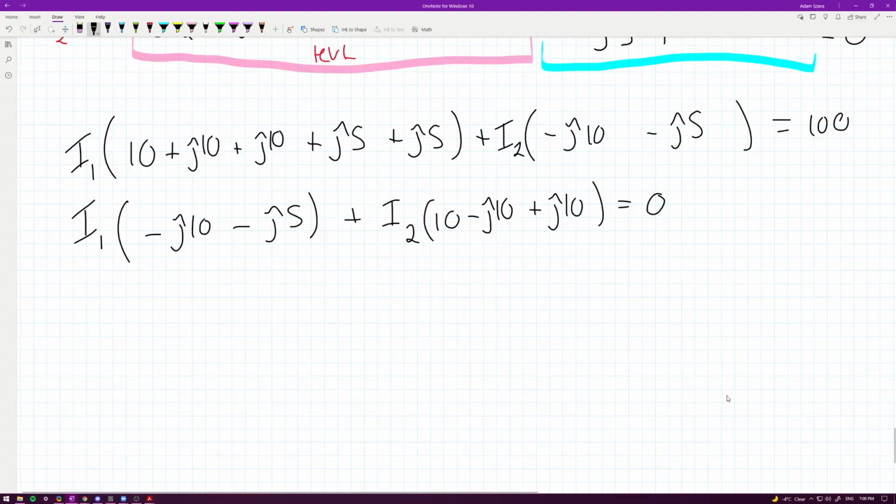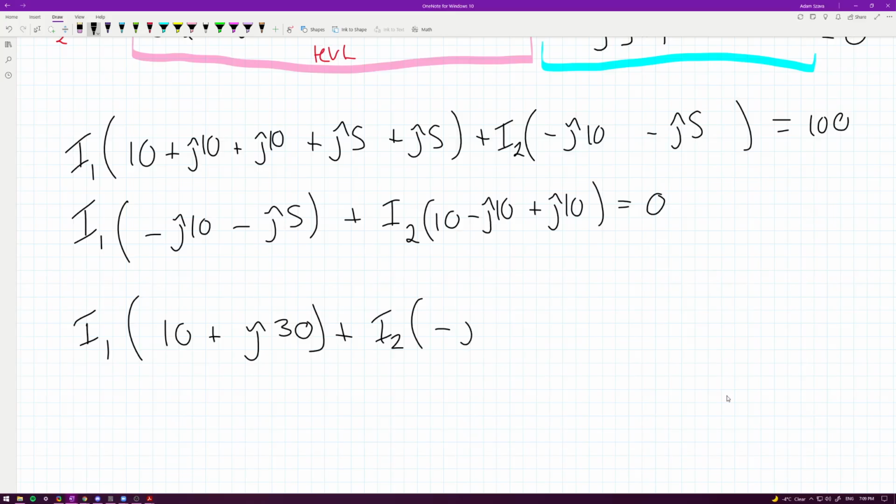Now I'm going to just substitute one equation into the other, really. So I'll simplify a little bit, and then I will do that. So this is going to be I1 (10 plus J30) plus I2 times negative J15 equals 100.